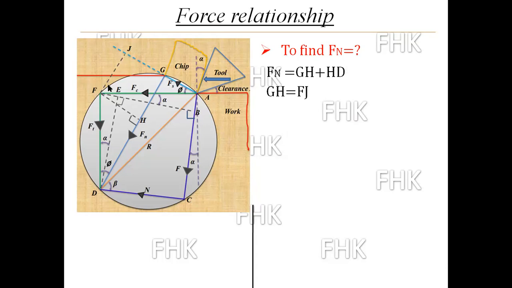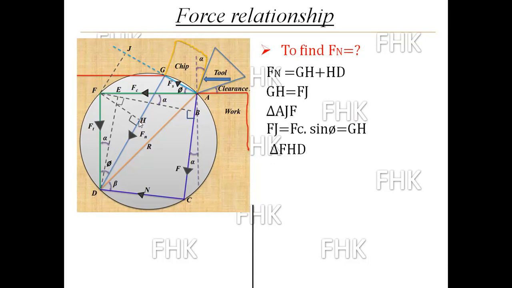So I will find FJ from this triangle AJF, which we have already taken, in which FC is known and phi is known. So FJ is equal to FC sine phi, which is equal to GH. Now HD: again I will consider the same triangle FHD.